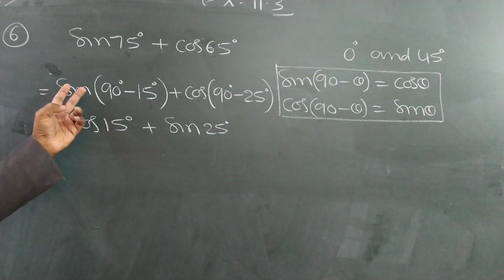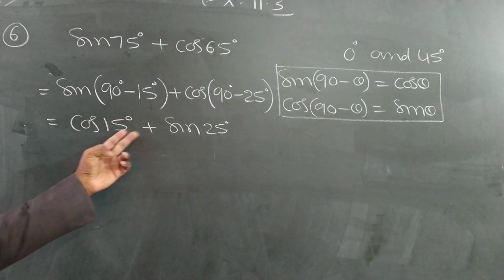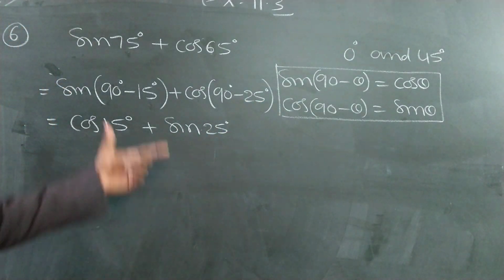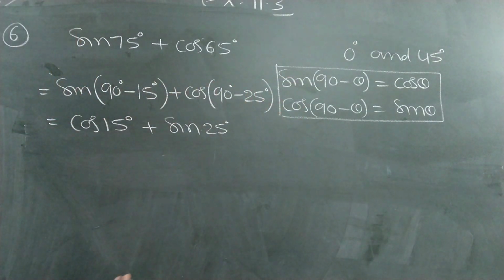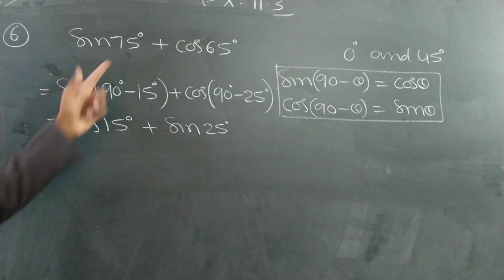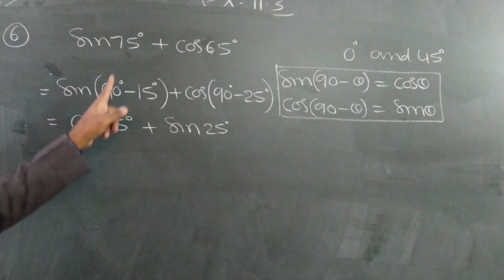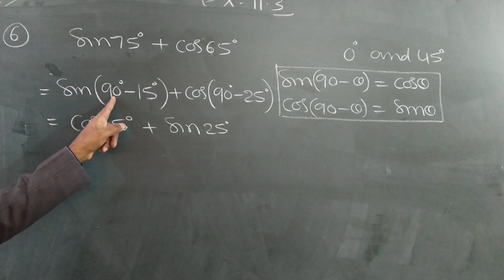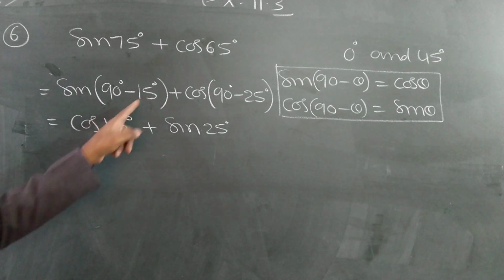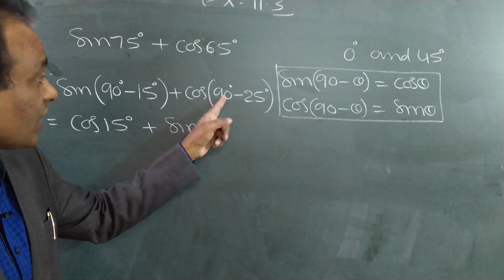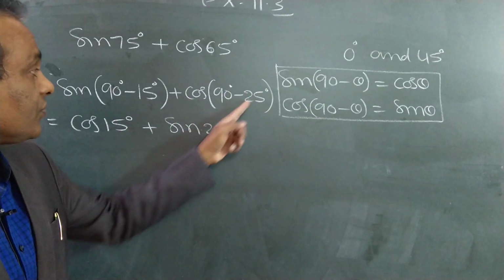So for 90 degrees sin changes to cos of 15 degrees, and for 90 degrees cos changes to sin of 25 degrees. See here, 75 is written as 90 minus 15, so sin changes to cos of 15. 65 is written as 90 minus 25, so cos changes to sin of 25.